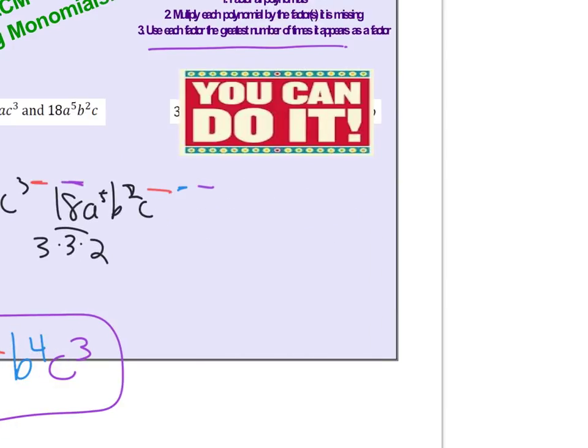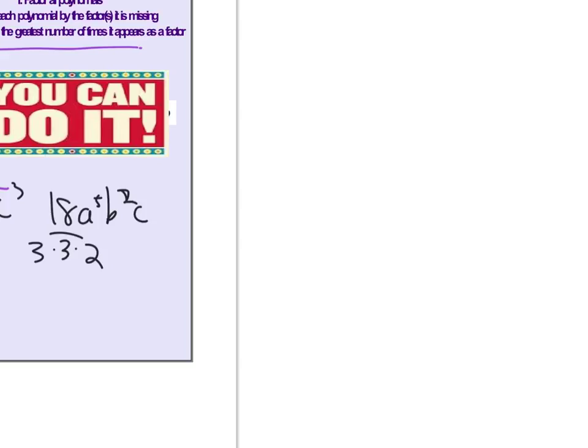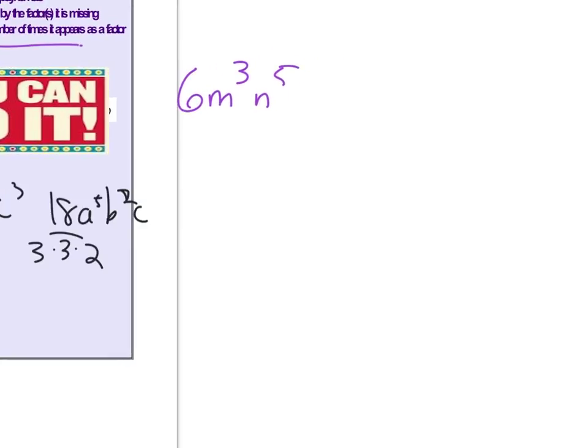So your 3 should look something like this. It should go 6m to the third n to the fifth, then you're going to have 42mnp squared. Then you're going to have 36m to the third n to the fourth p.